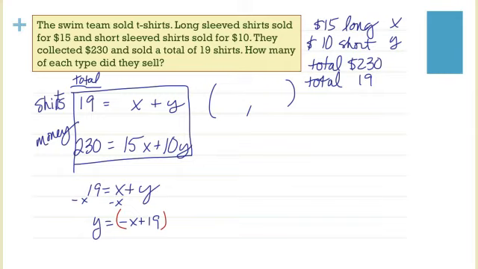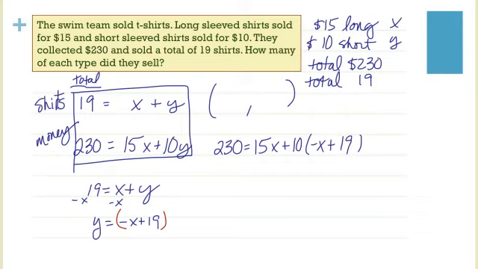So now I'm going to go to the other equation, and I have 230 equals 15x plus 10 times whatever y was, except for now y is -x plus 19.